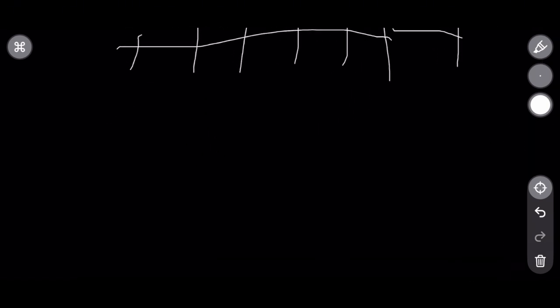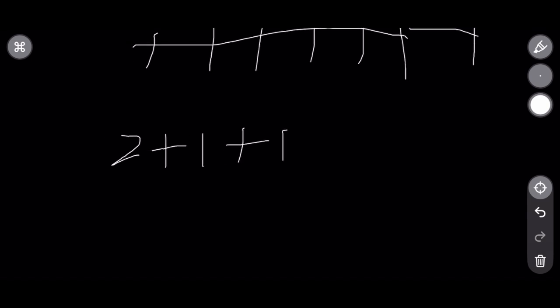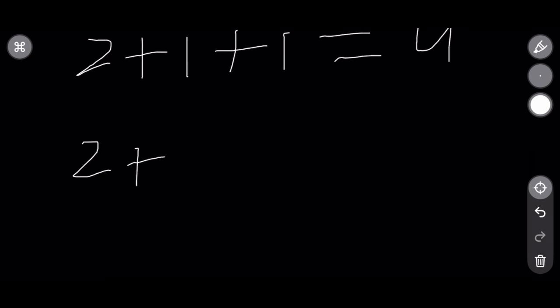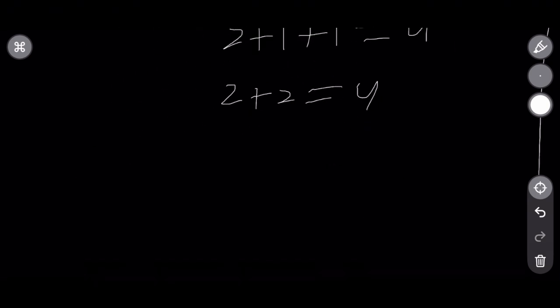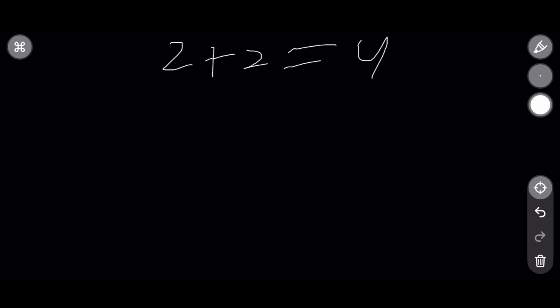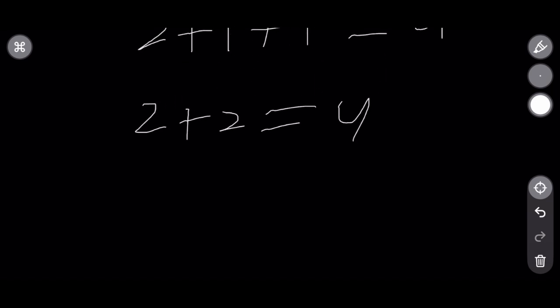You could do 2 plus 1 plus 1 equals 4. That does work. Or 2 plus 2 equals 4. But as you get larger and larger numbers, that could become a bit cumbersome to write plus, plus, plus, plus, all the numbers, right? So we could just do, 4, right? 2 plus 2.